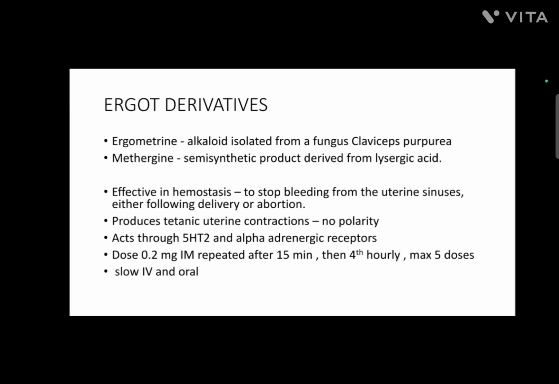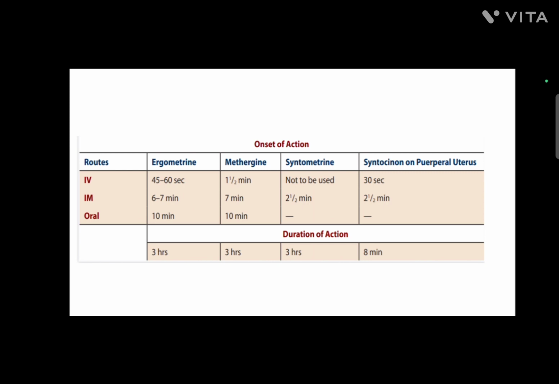You can repeat every 15 minutes, or you can continue every 4th hourly, depending on the situation. It can also be given as a slow IV route and oral route. Remember, I'm just talking about ergometrin and methergin. I'm not talking about sintometrin.